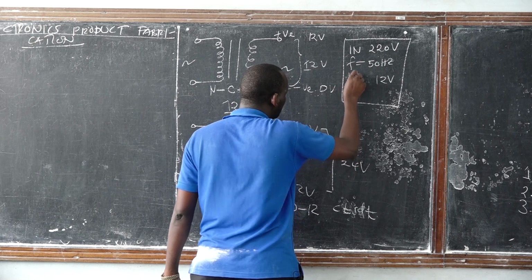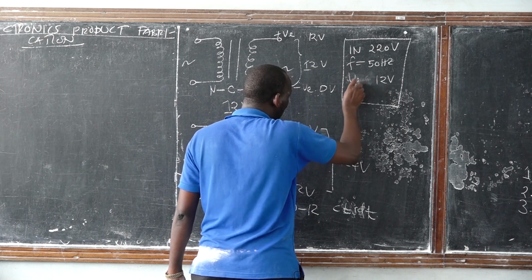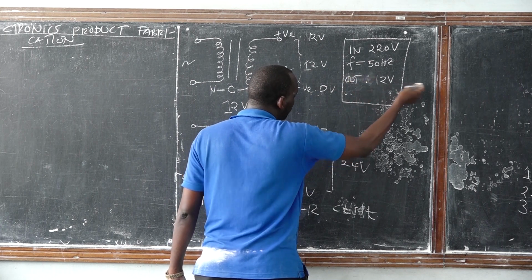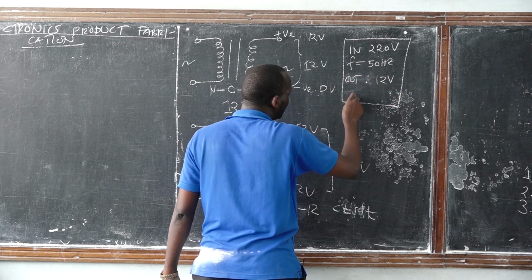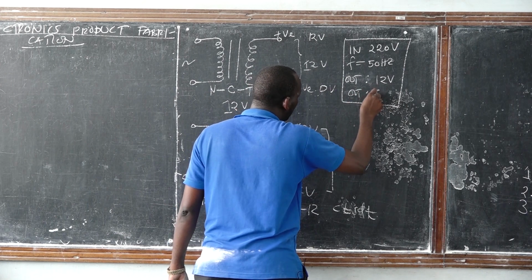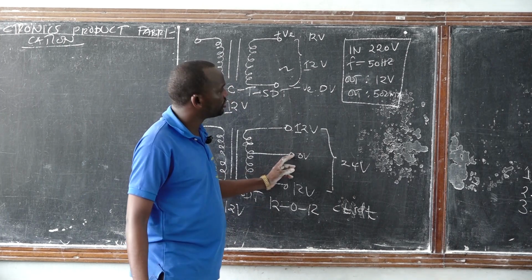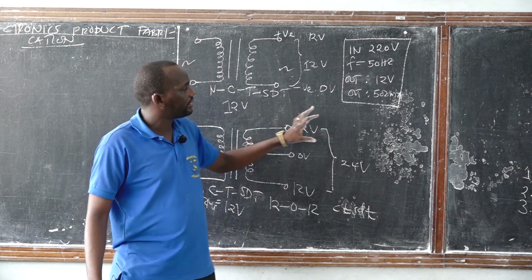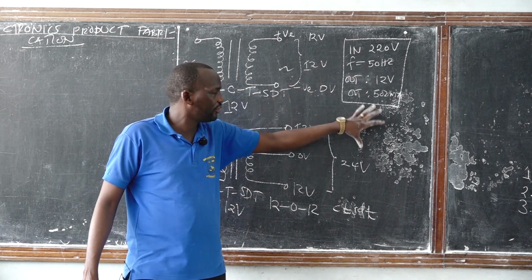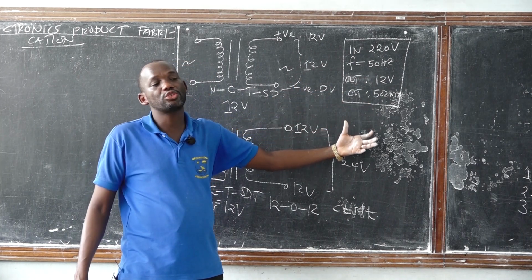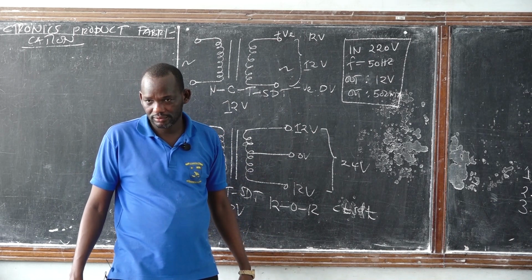So let's say V out. They don't write it this way, but it is 12 volts. So you know that that's the root mean square voltage. Then maybe they write the output current, maybe 500 milliampere. So his question is, a transformer with this specification can be either center tapped or non-center tapped.